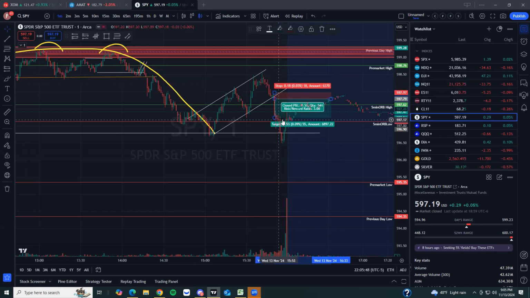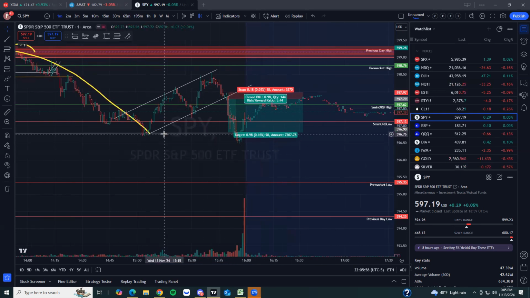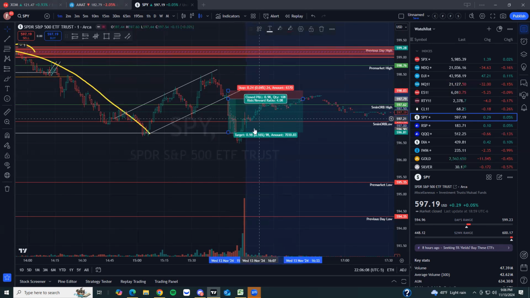at the end of the day, I usually have really tight stop losses because price action can get erratic. Right, that's the trade that I took in the afternoon. That's a 1 to 5 trade. This is roughly, I think I had it above this wick, right about there somewhere. 1 to 4, 1 to 5.